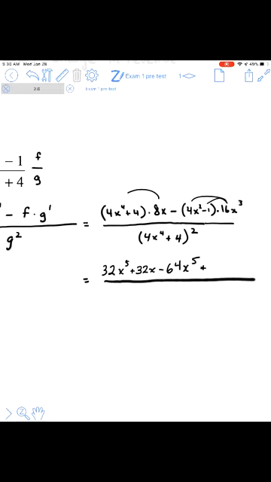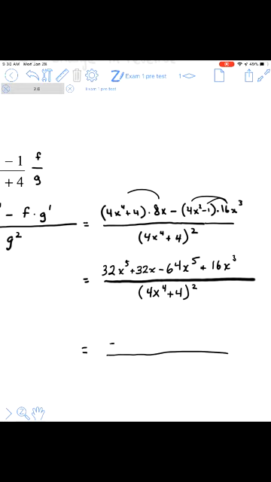Negative times a negative is positive, so plus 16x to the 3rd. And then looking up in the numerator, we have x to the 5th terms that are alike, the 32 and the negative 64.